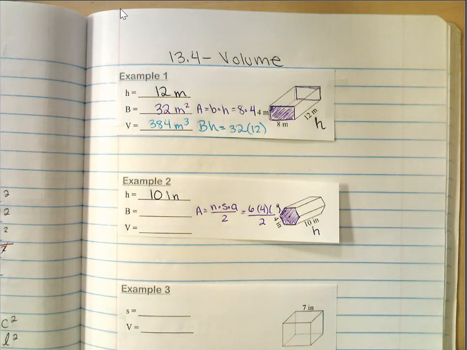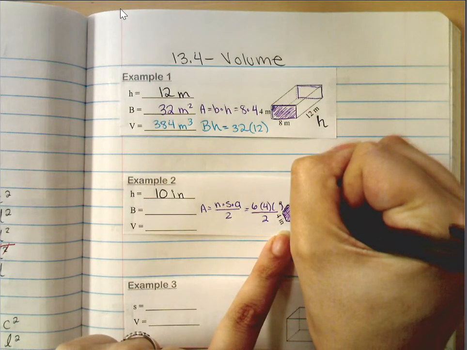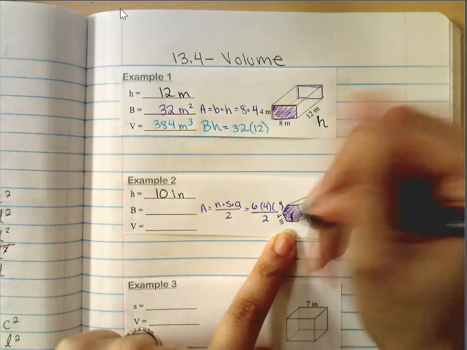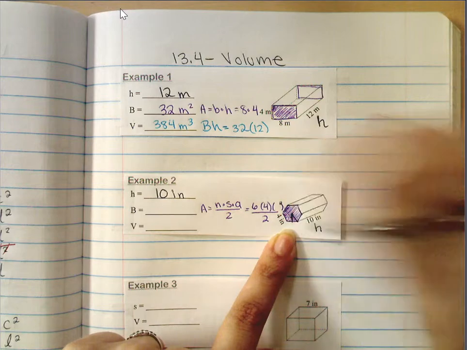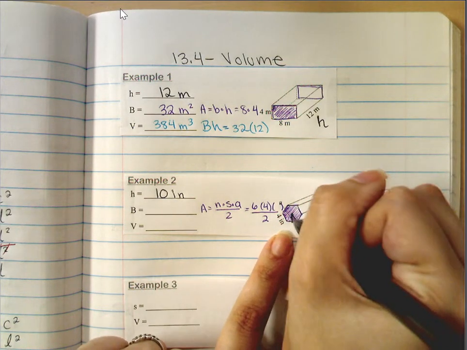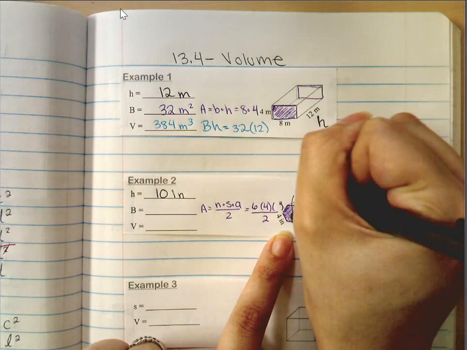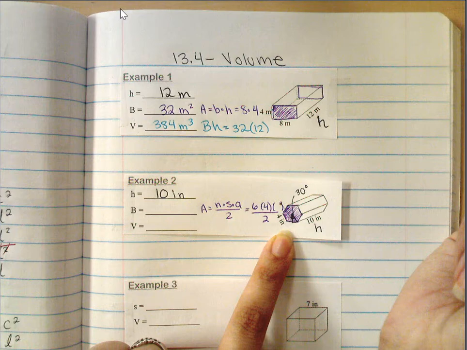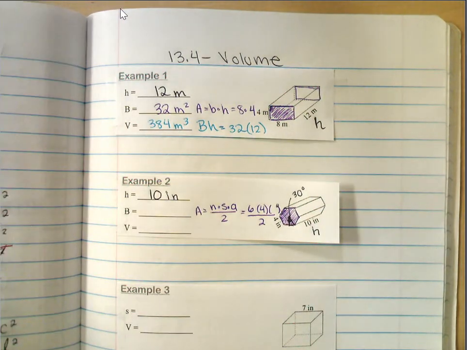For that, we have to go back to using trigonometry. This is my apothem, that line right there. I'm going to create a right triangle by connecting the center of the polygon to the vertex. And this angle right here, if you remember, for a 6-sided shape is 30 degrees. We learned that back in Unit 10, I think it was.